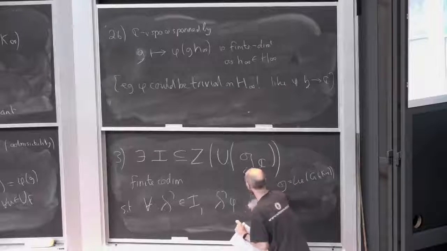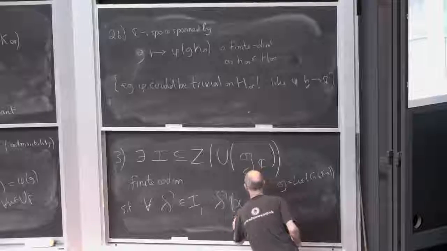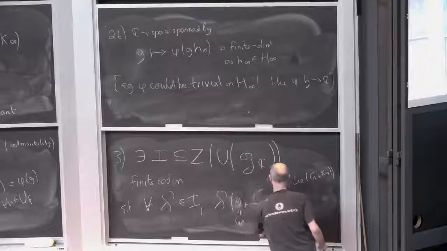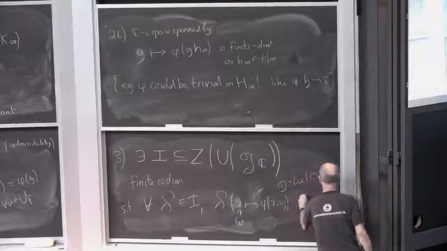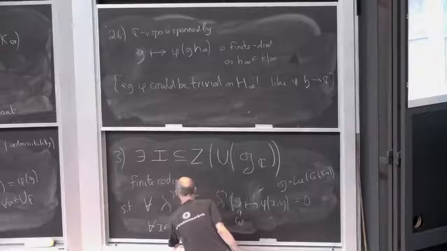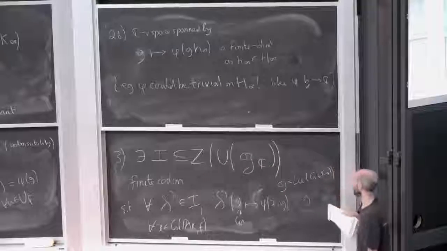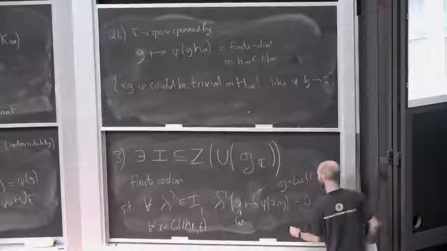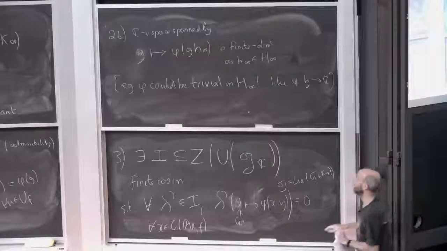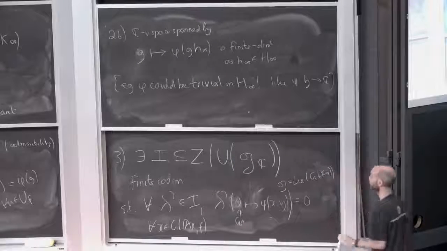By which I mean what's going on at infinity: aleph of the function y goes to phi of (x, y) is 0. This is for all x in G of the finite adeles. So this just says that whatever's happening to phi at infinity, it's being annihilated by a huge number of canonically defined differential operators.